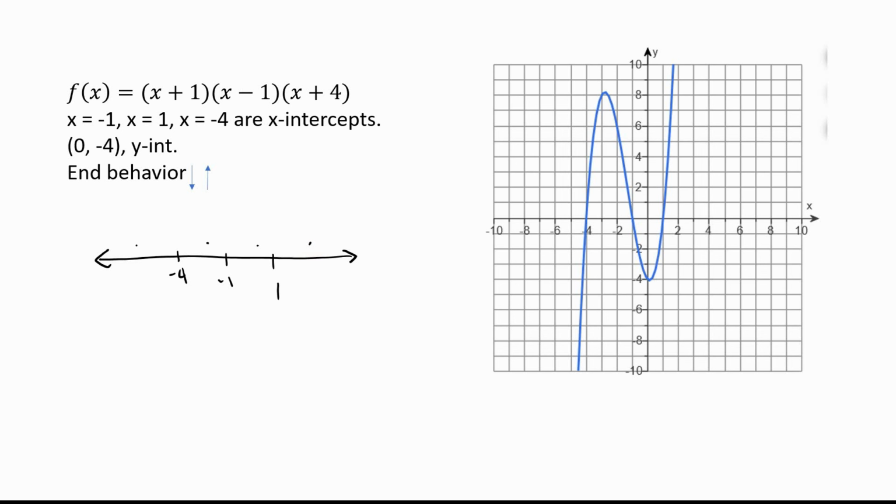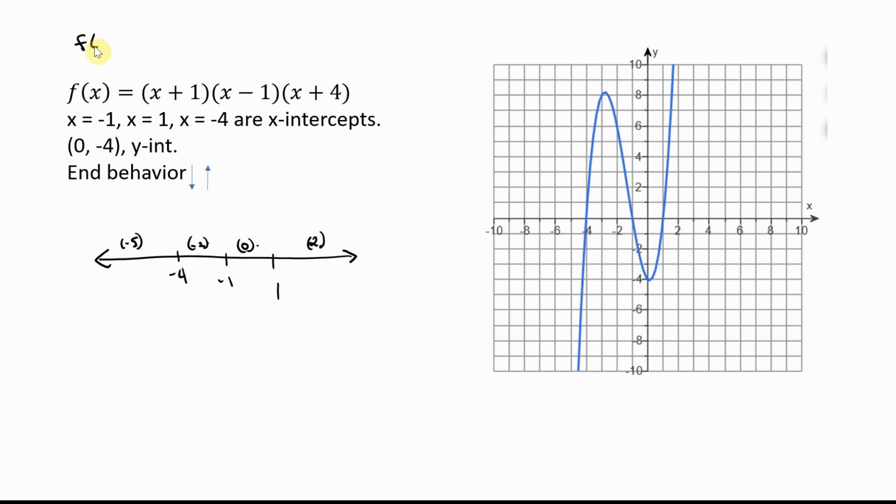I want to just find a test point in each: test -5 here, test -2, test 0, and test 2, looking for what sign do I get?